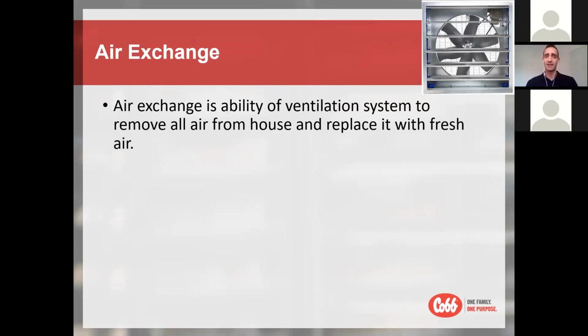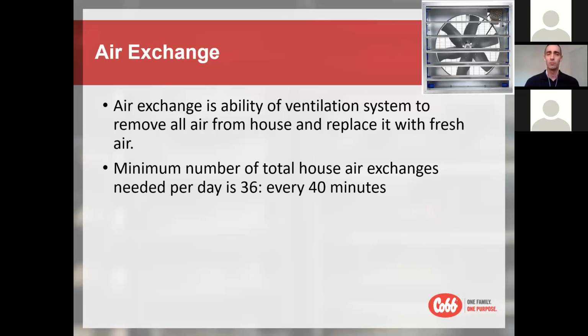So firstly, air exchange. Air exchange is basically the ability of your ventilation system to remove all the air from the house and replace it with fresh air. So one air exchange is removing that volume of air and replacing it with fresh air. And we want to have a minimum total number in the beginning of air exchanges of around 36.